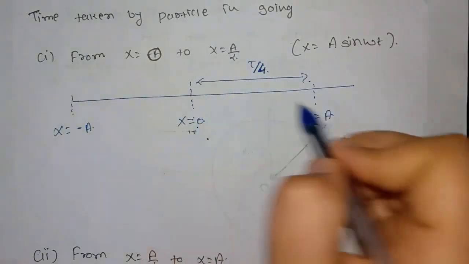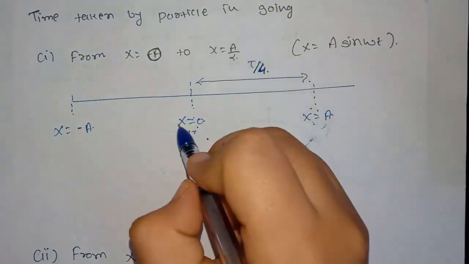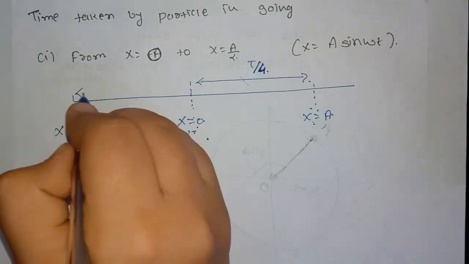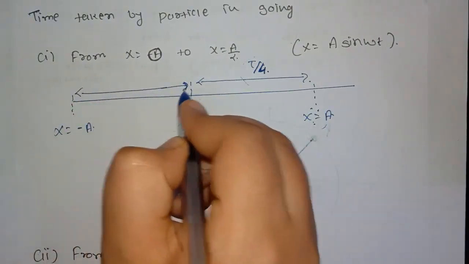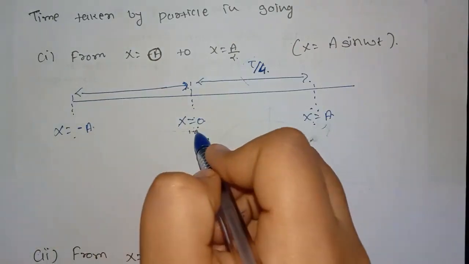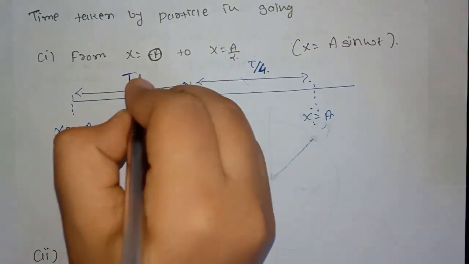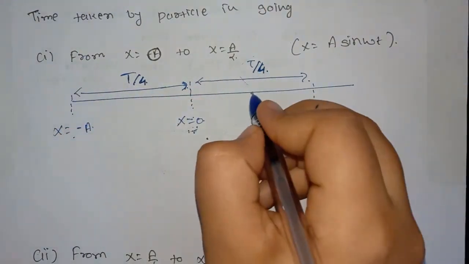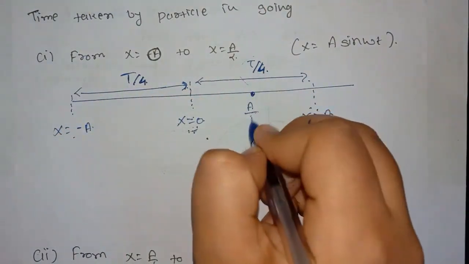Either from 0 to A or from A to 0, time taken will be T by 4. In the same way, on the opposite side, from 0 to minus A or from minus A to 0, the time taken will be T by 4. This is the midpoint, A by 2.